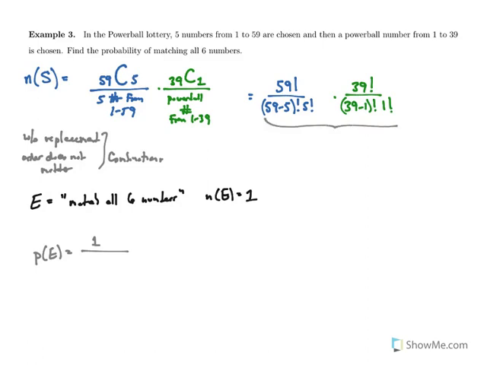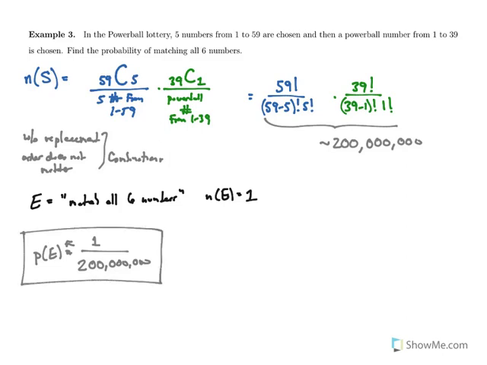This is going to be equal to about 200 million. So our probability is about 1 in 200 million. Not very good odds to win the Powerball lottery.